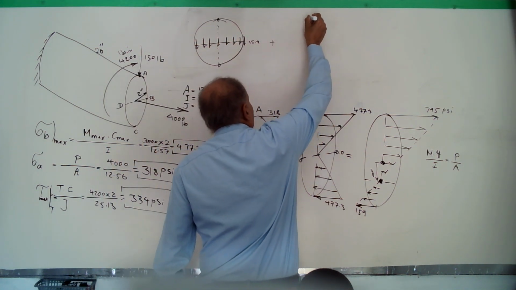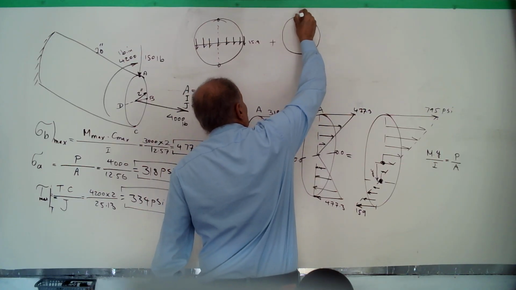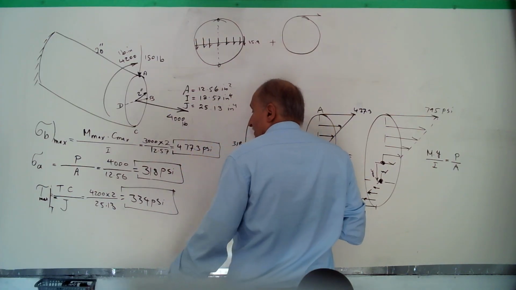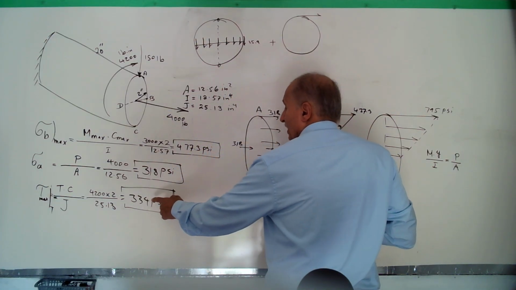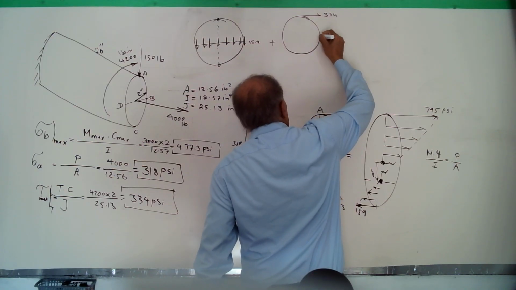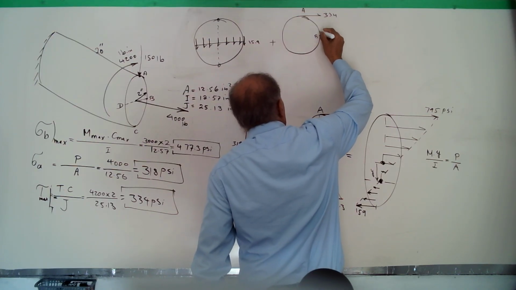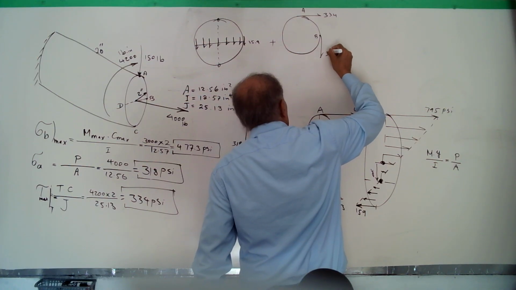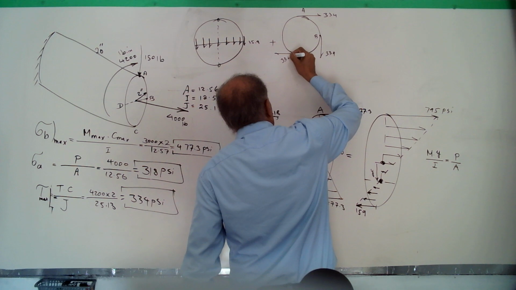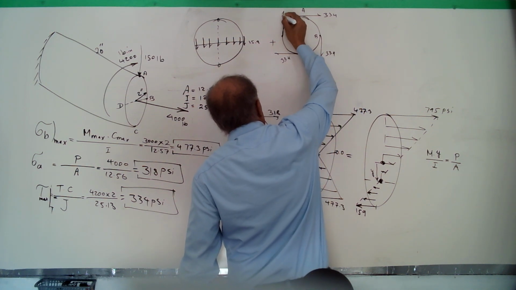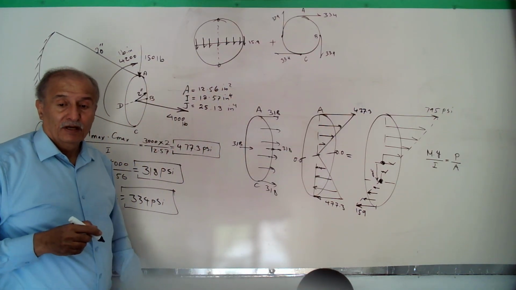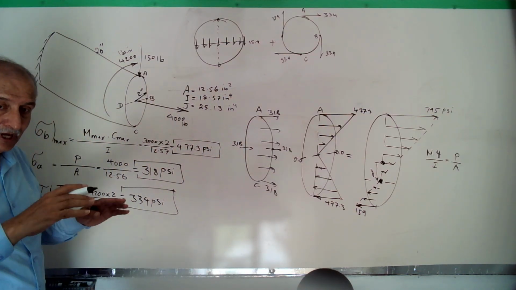Plus, due to torque, shear stress due to direction of torque here, the shear stress is 334. And here at A, at B also, this direction 334, at C 334, at A, 334. Always is tangent to the cross sections, to the outside surface.